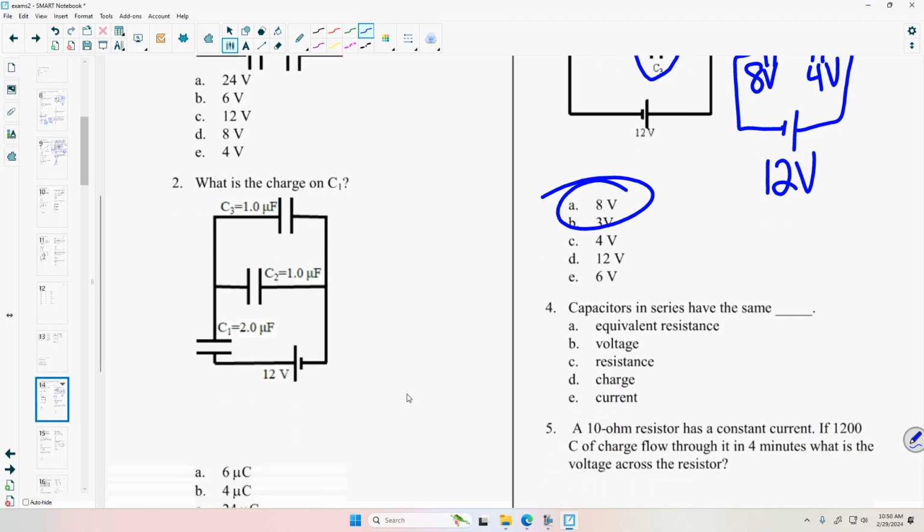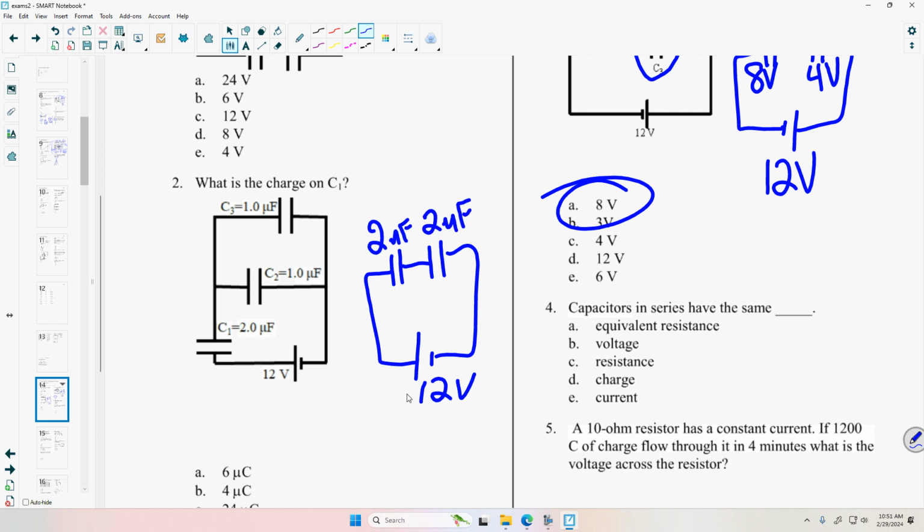I like these two where they have numbers. This would be 12 volts with 2 and 2 microfarads. And so the charge on C1, well, I know the voltage on C1, what is it? 6 volts.